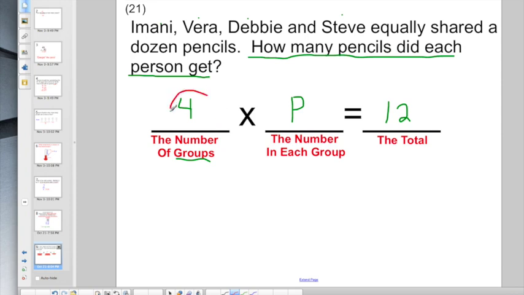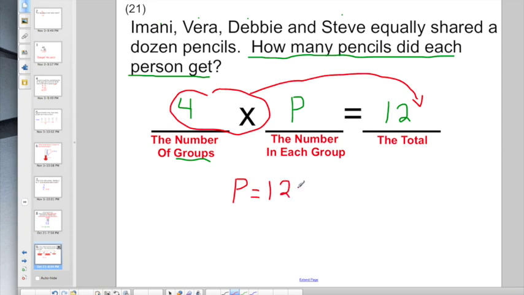Once you have it set up, it is pretty easy. Let's go ahead and just isolate this variable, kick it over to the other side, go and rewrite. We have P equals 12, and instead of times 4, what do I want to do? I hope you know by now we are going to divide by 4.